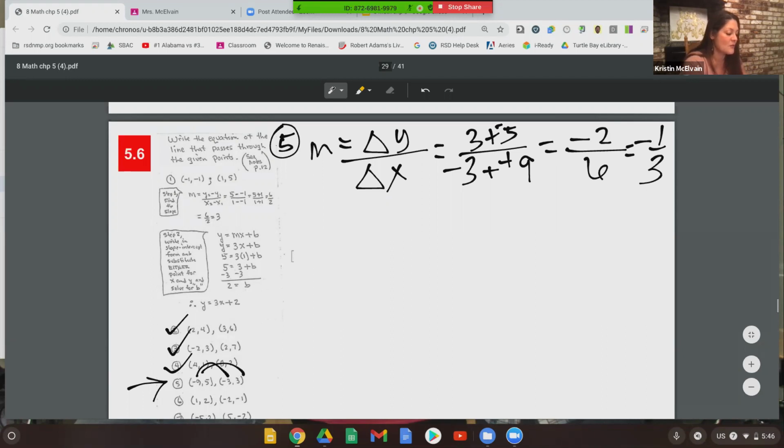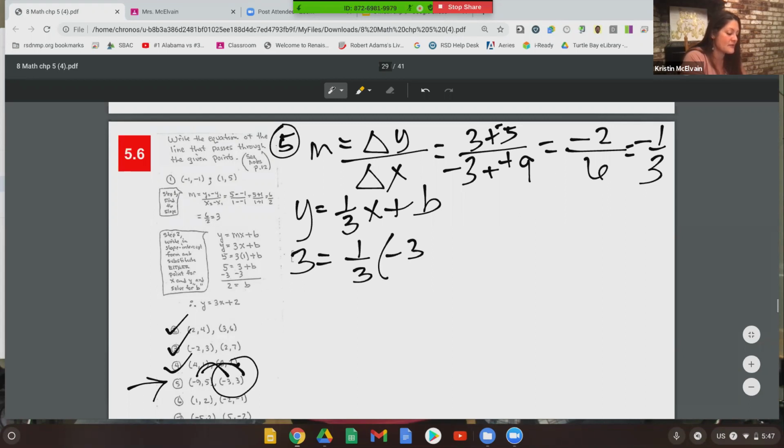So we have y equals -1/3 x plus b. We need to know what b is, so we're going to plug in one of our coordinates. I'll use -3, 3. So 3 equals -1/3 times -3 plus b. Of course, that's over 1. Simplify.